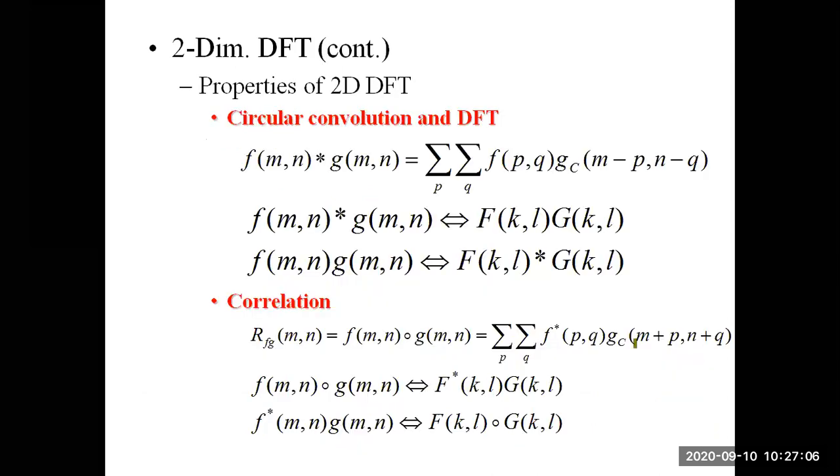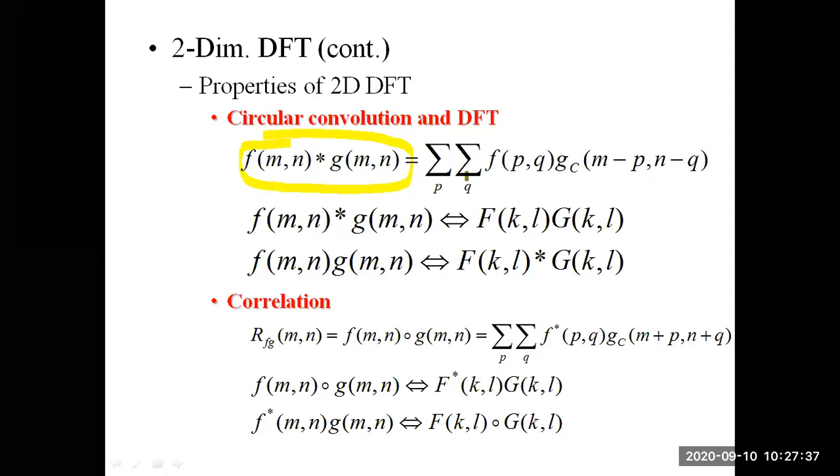Next, circular convolution. Already we know circular convolution, normal convolution. So the circular convolution of the discrete Fourier transform is given by like this. What is circular convolution? The convolution must happen between two signals or two images. Here let us consider there are two spatial images, f of m comma n is one image, g of m comma n is another image, two-dimensional signals.